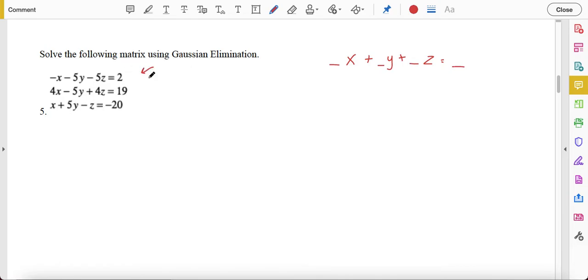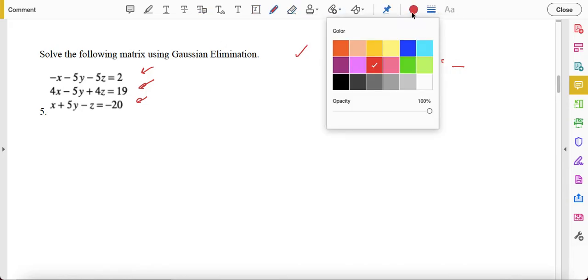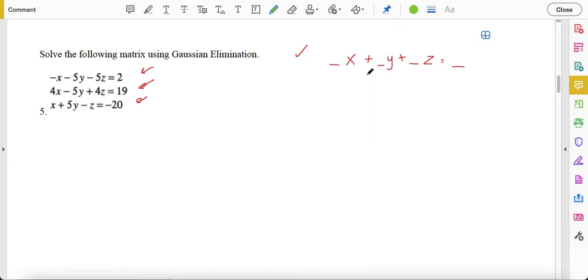We have 3 different versions of those. So we're good for that. That one's good. Now we need, let's change to another color. All right, now we need just a something y plus something z equation. All right, and how I can do that is by eliminating the x's.